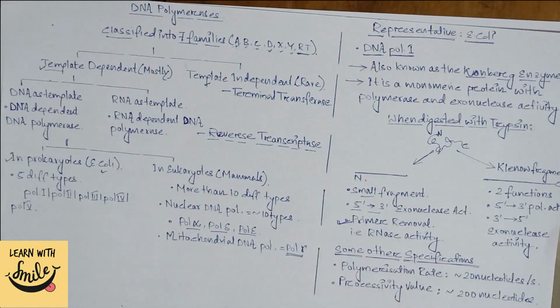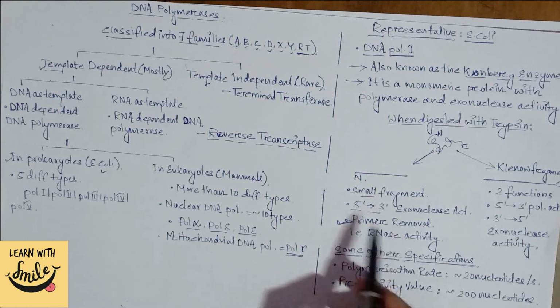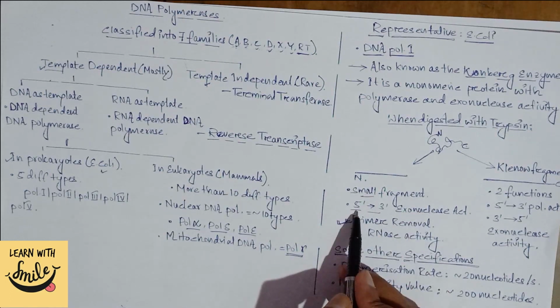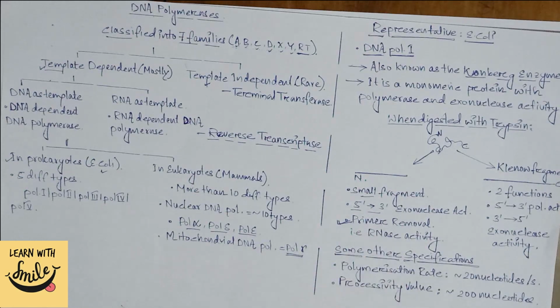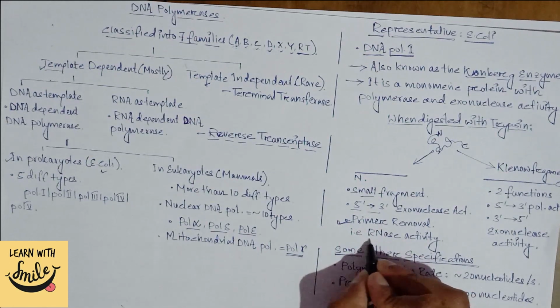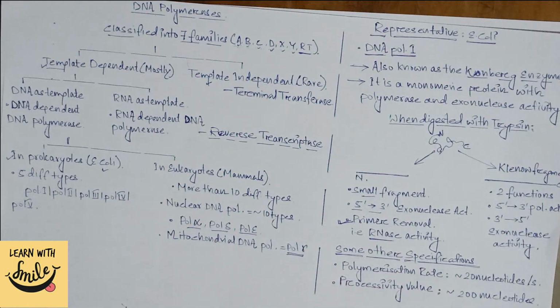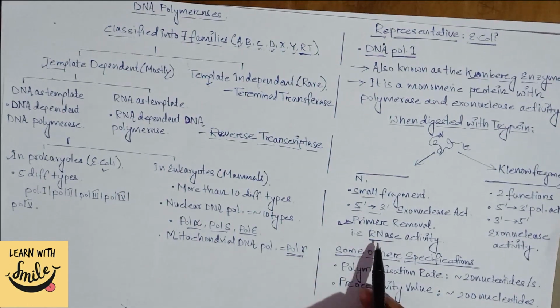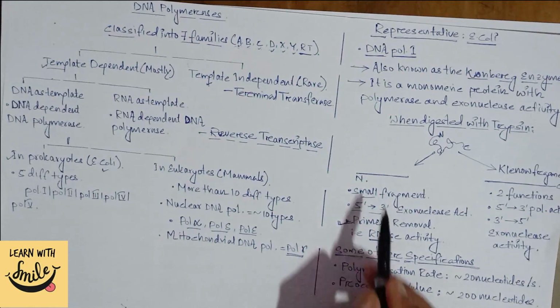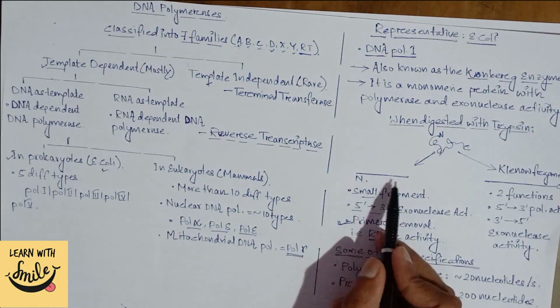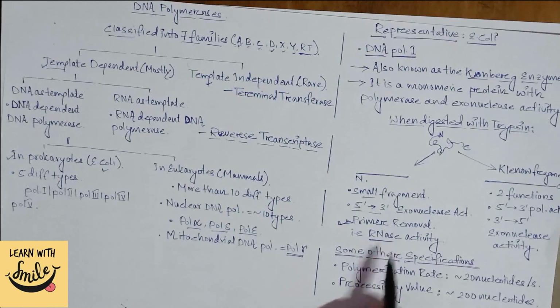As I have already said, exonuclease activity may help in primer removal as well as error correction, but the small fragment helped in primer removal by performing the exonuclease activity from 5' to 3' end. That is, it performed RNase activity. As I have already said, the primer is basically an RNA molecule. Since this RNA molecule is removed with the help of the smaller fragment, it also performs RNase activity.